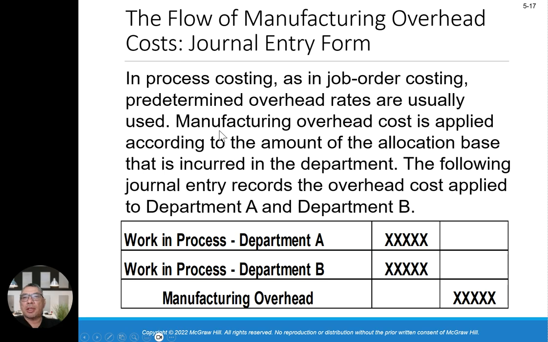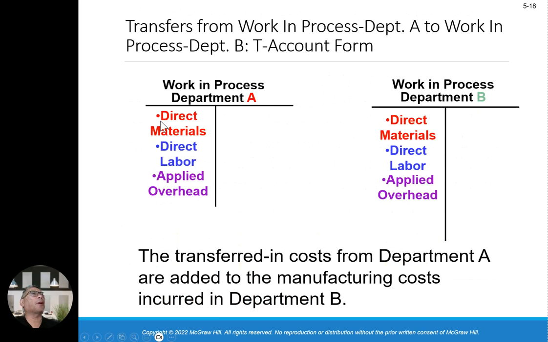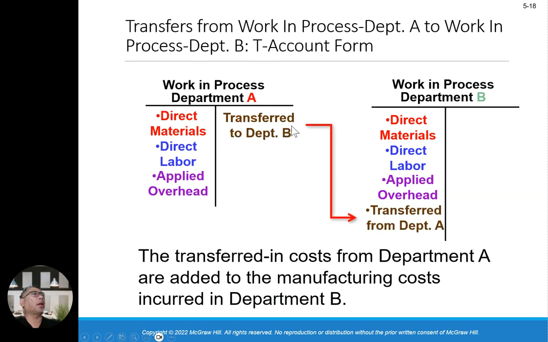Manufacturing overhead cost is applied in accordance with the amount of the allocation base that is incurred in the department. How are you going to do that? You're going to book the same thing: work in process department A, debit; work in process department B, debit; and manufacturing overhead, credit here. Okay, so you're going to transfer A to B here.